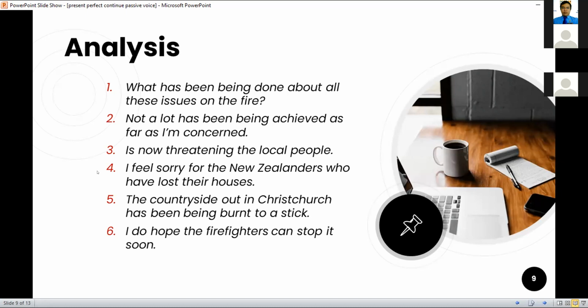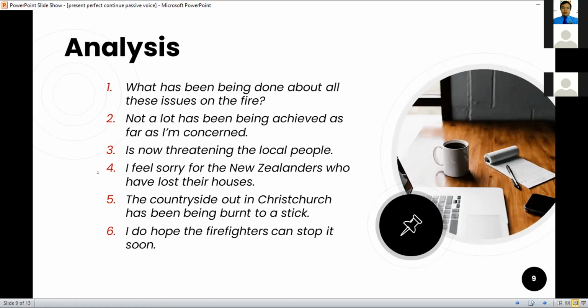Number 3: The fire is now threatening the local people. It's used to show the step. We can use the present continuous or the present simple to talk about a permanent or temporary state.